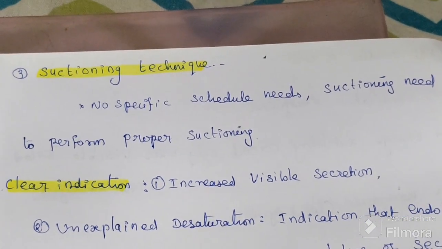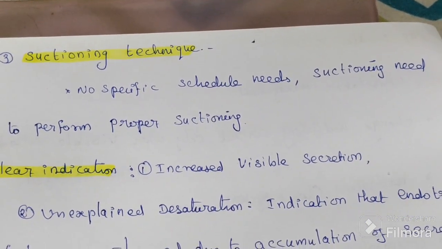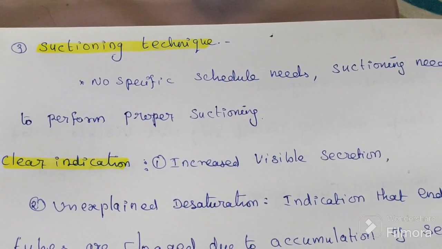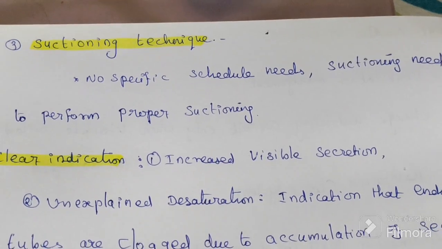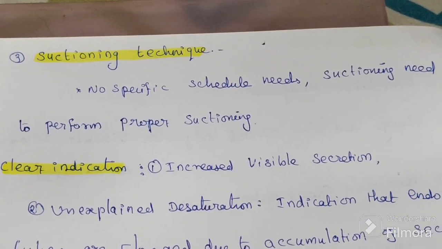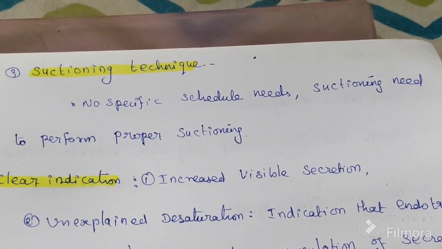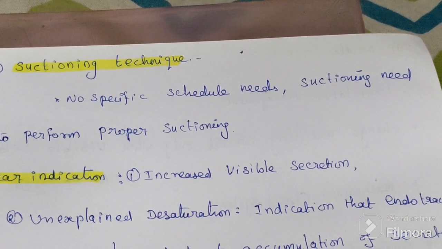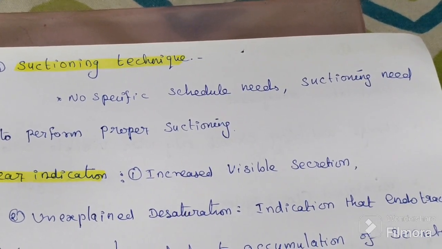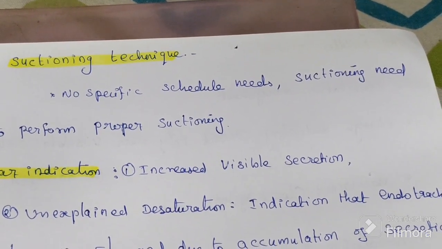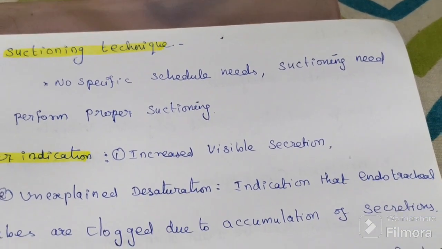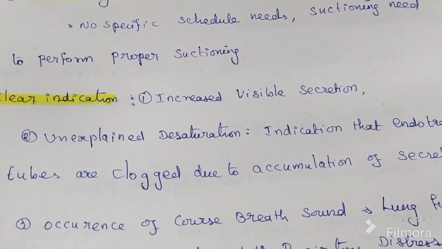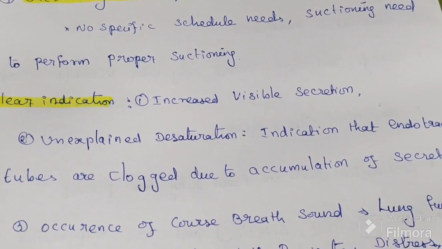No specific time, suction only when indicated. Second, when desaturation occurs. Desaturation might be an indication that the endotracheal tube is clogged due to accumulation of secretion. Lastly, suction the patient if there is a coarse breath sound.